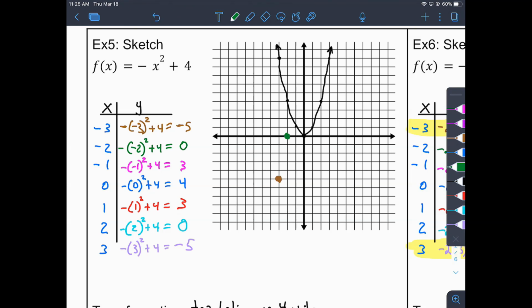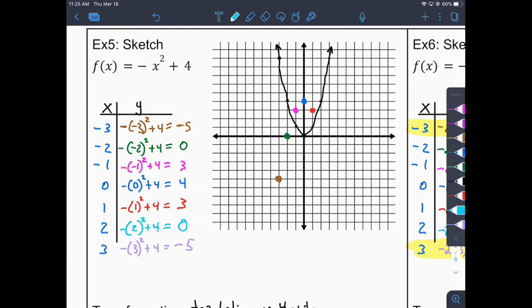Then the next one is a -1, and I go up to a 3, so that's right there. And the one after that in blue is a 0, which means I didn't go left or right. I just go up 4, which is right there. The next one in red is 1, 3. So I go forward 1 and up 3.